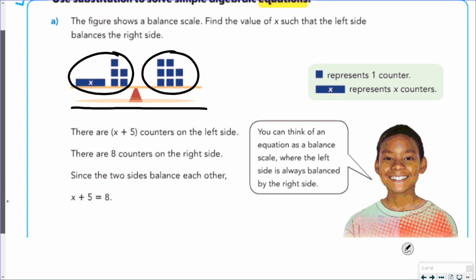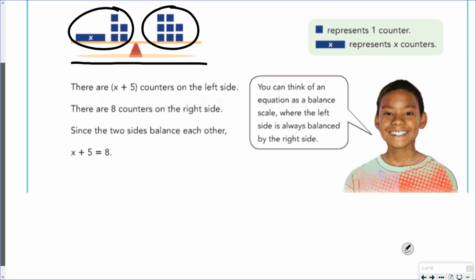So this equation is x plus 5 equals 8. And I'm just going to write it a little bit bigger to make it easier for me to work with here. What we want to do is isolate the variable, which means we want to get that variable by itself. Right now we're adding 5 to the variable.